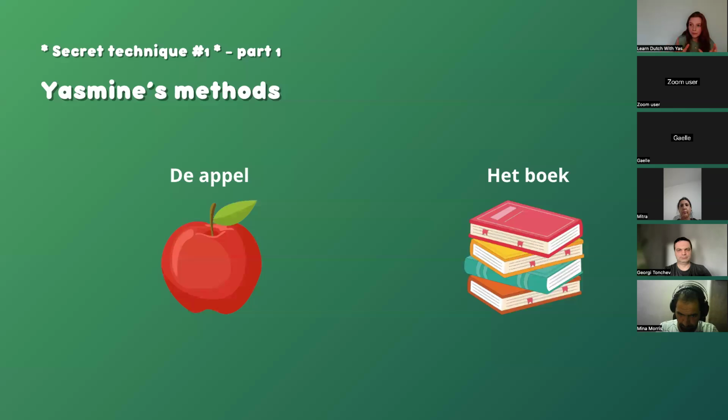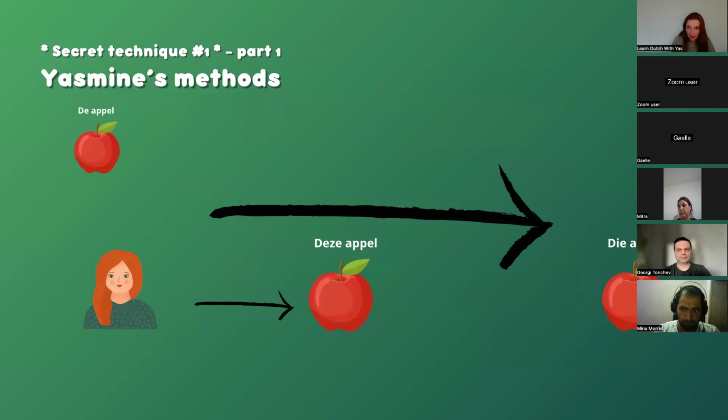So for example, the way that I would go over this is that I would say there is the apple and het boek. So it's really important to have a look at the fact that you have the apple and het boek. Now, if you have a look at the apple, if you keep it close to you, it's going to be deze appel. If you're going to put it further away, it's going to be die appel.